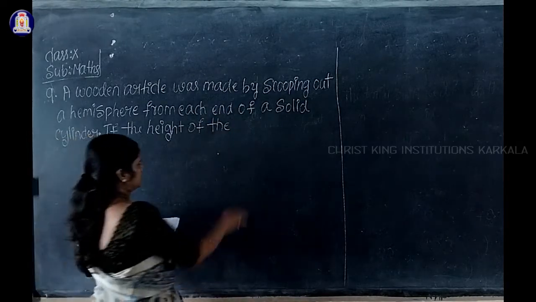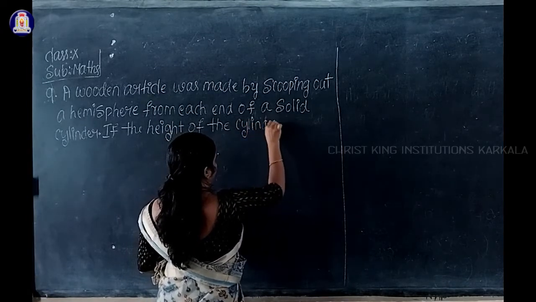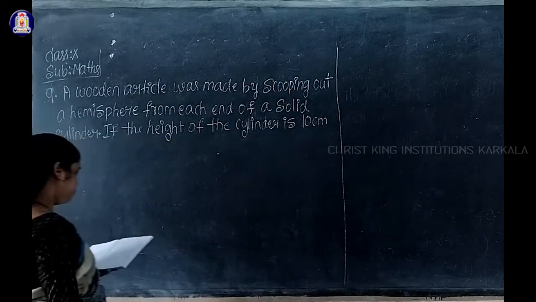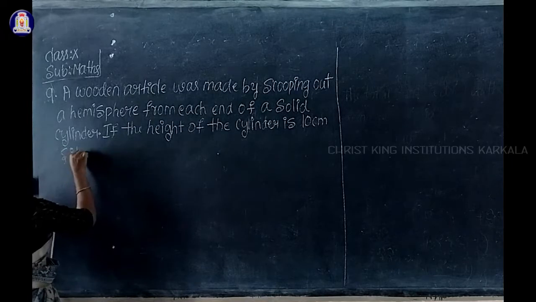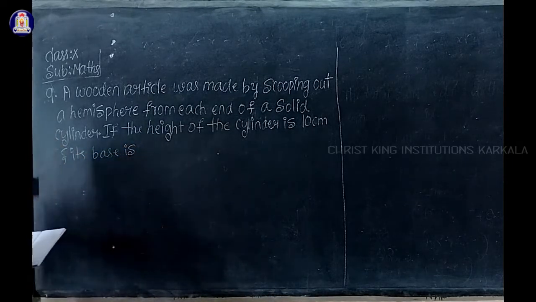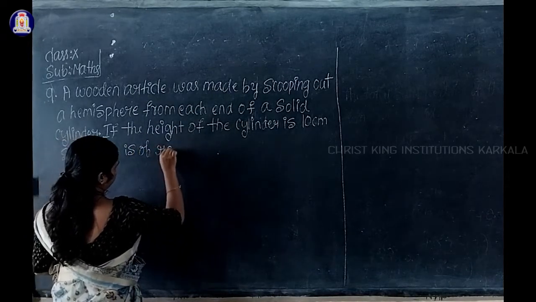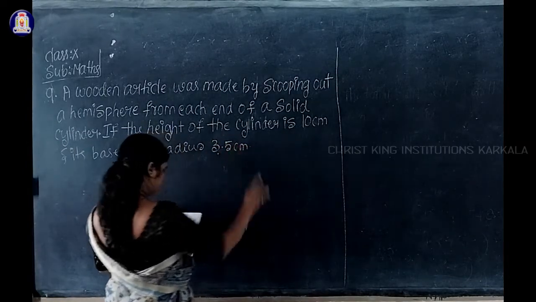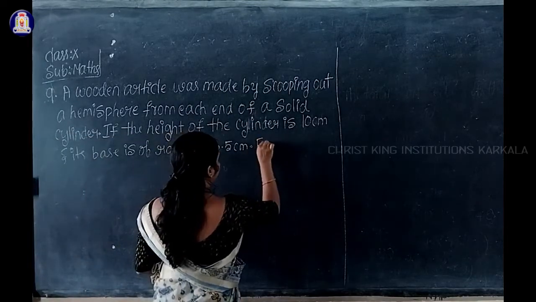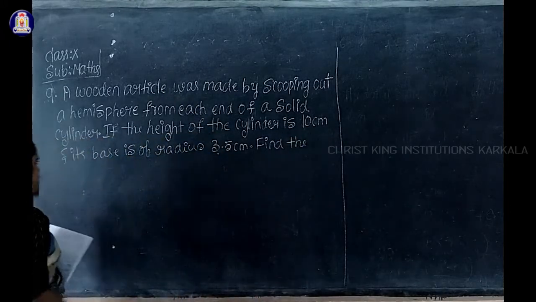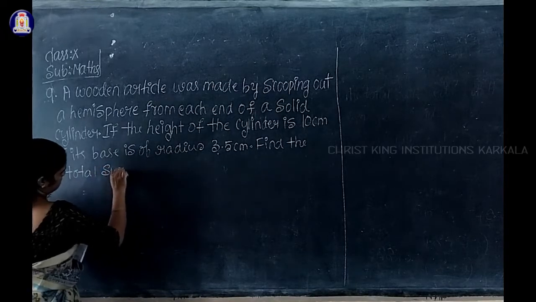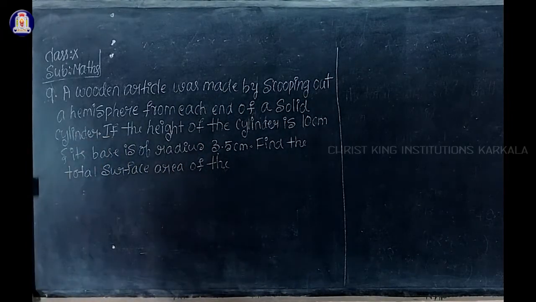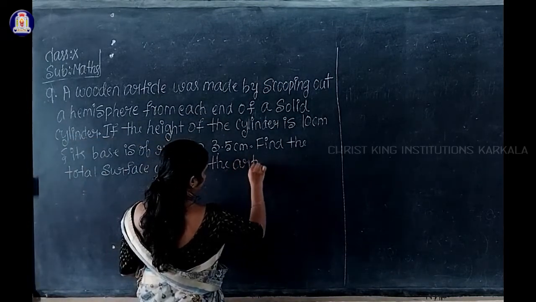If the height of the cylinder is 10 centimeter and its base is of radius 3.5 centimeter, find the total surface area of the article.